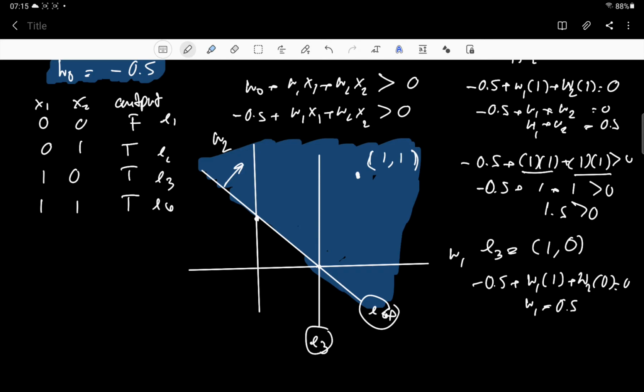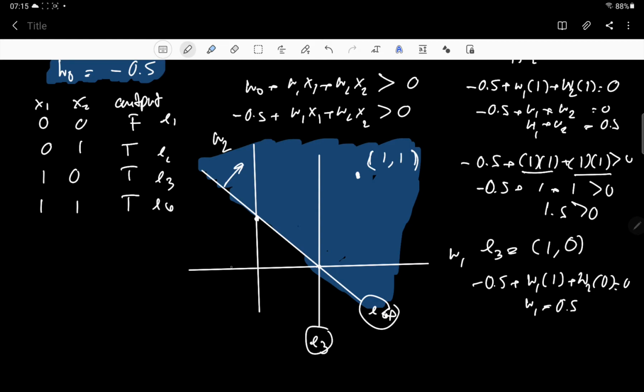Okay, and all examples, all weights W1, W2. Take a look at this. We'll check which part can make this one to be positive. So guys, look at this.